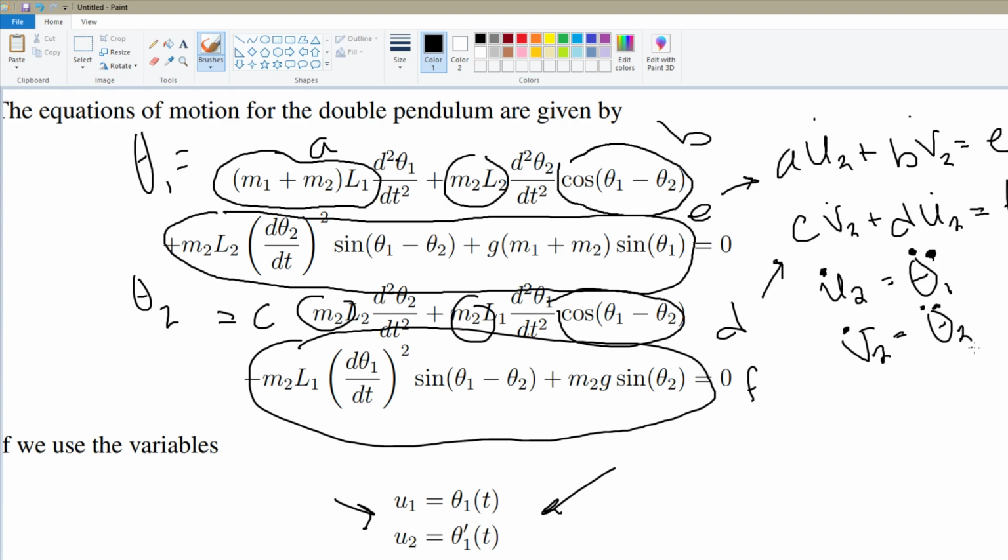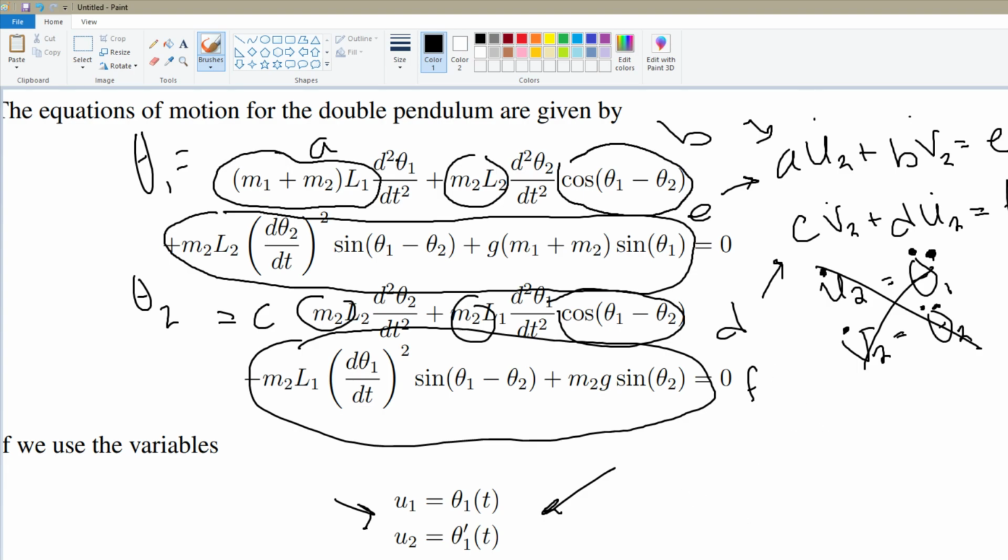These don't really matter since we're trying to solve for these. But now you notice we still can't really do these, because these are functions of u2 and v2. So we're going to do a little substitution.